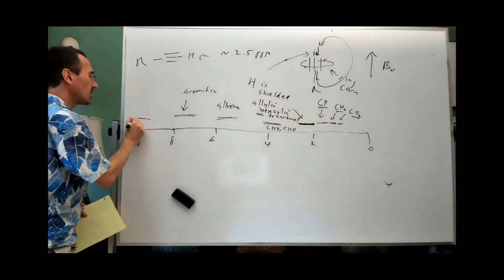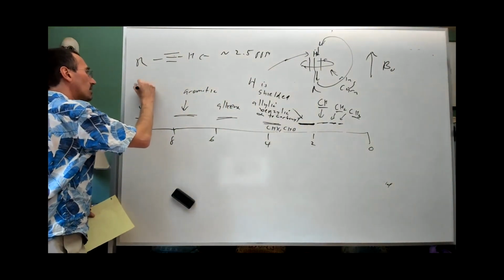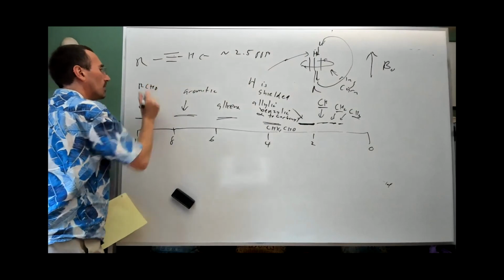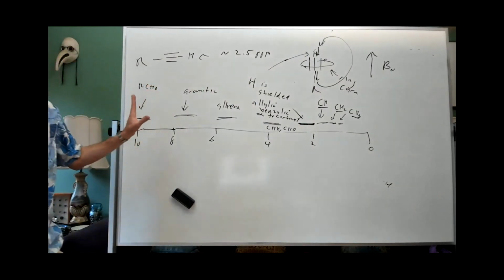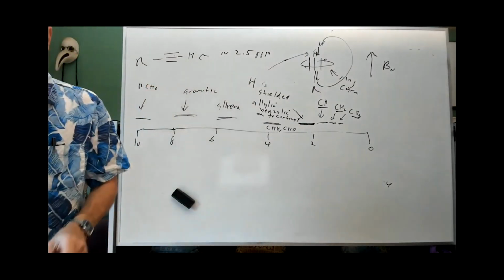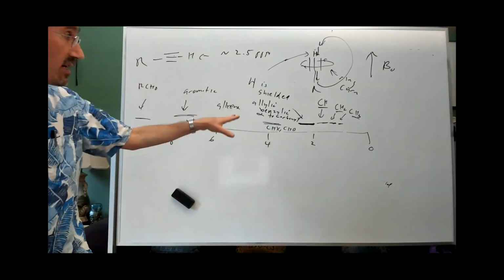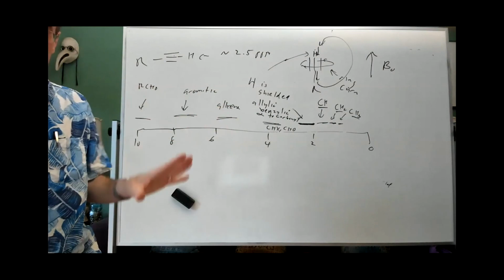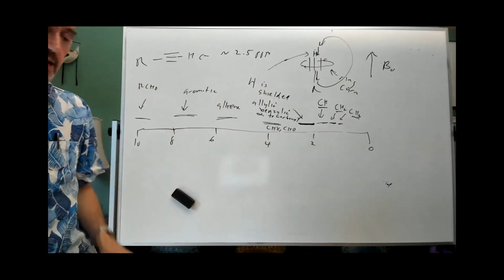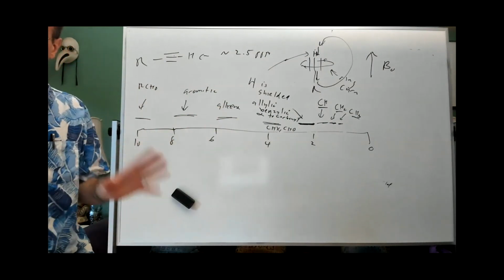And finally, aldehyde. And that ability to read ends up getting you pretty far. If you can look at a spectrum, look at the regions, and start to read it like this, you're in pretty good shape.